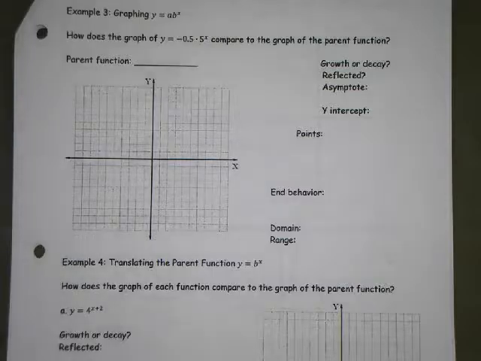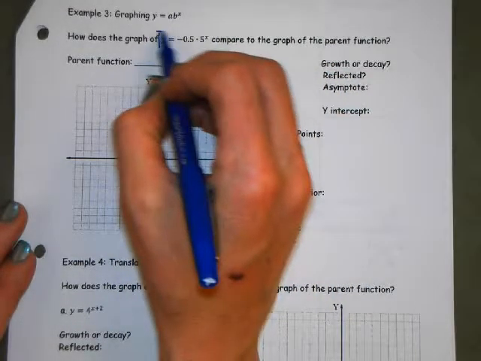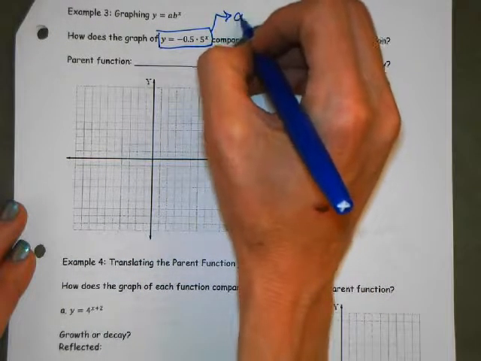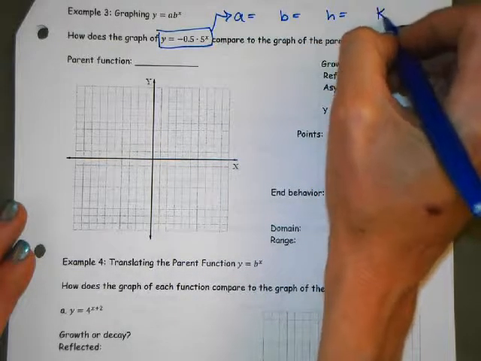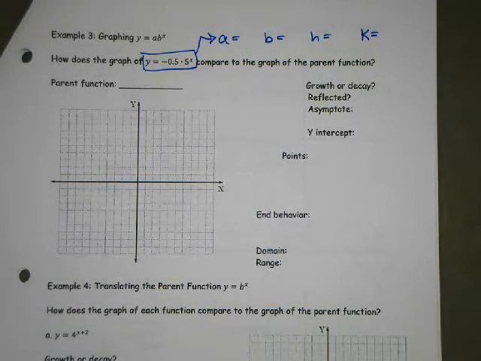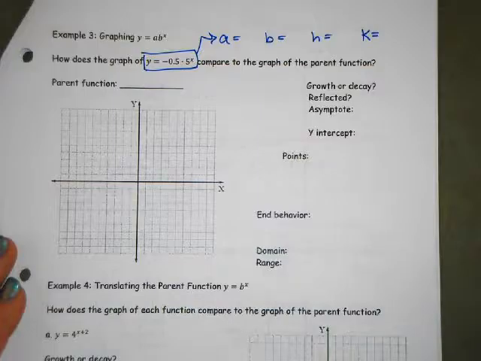All right, so when you get these equations, or these expressions, I would always break them up and say what my A, B, H, and K values are. Looking at this expression, y equals negative 0.5 times 5 to the x. What is my A value?